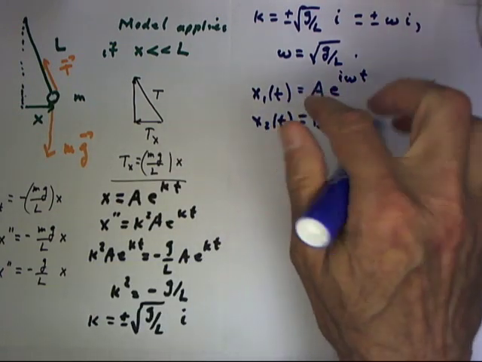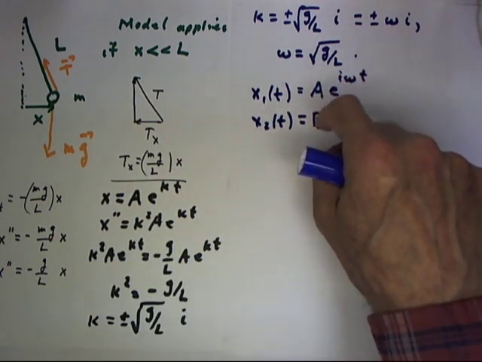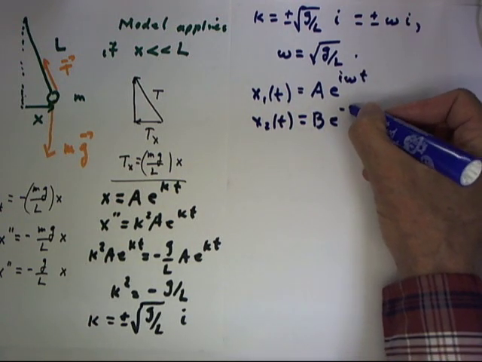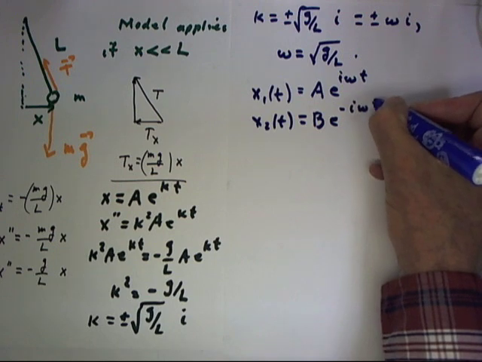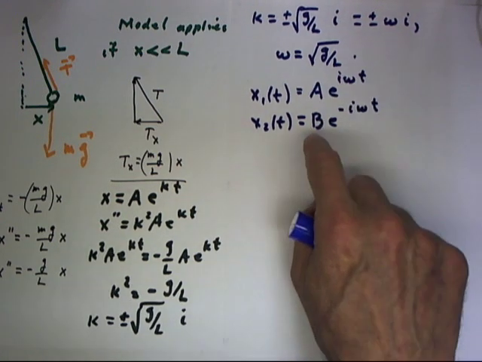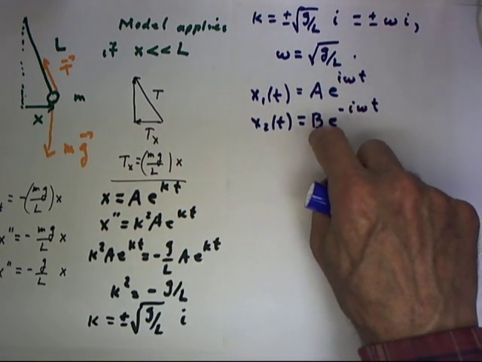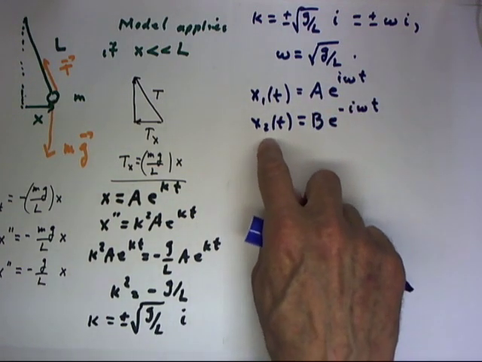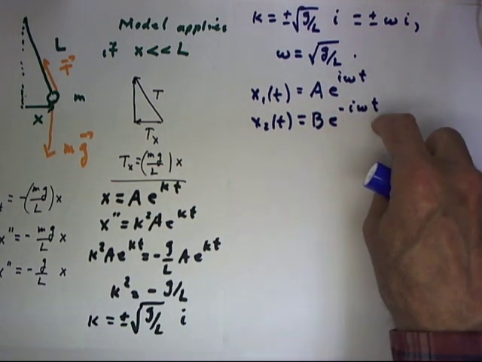Since the constant is arbitrary, I don't need to have the same constant for both solutions. So to keep things general, I'm going to denote this constant a little differently than this one. So anyhow, we have x2 equal b e to the negative i omega t.